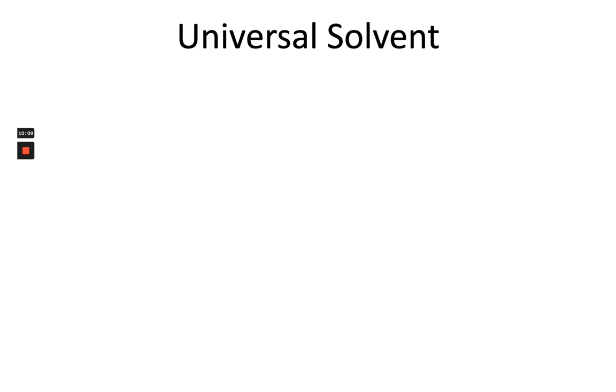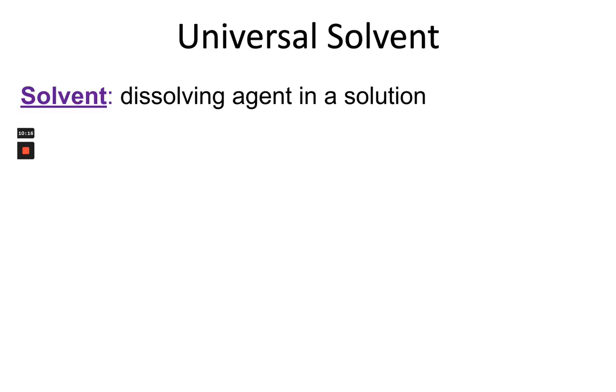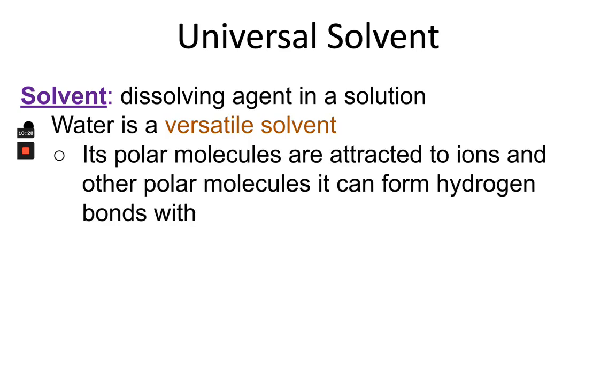The final property that we need to talk about in regards to water is the fact that it is our universal solvent. So let's do some definitions real fast to make sure we understand what we are referring to. Solvent is the dissolving agent in a solution. Water is a versatile solvent because it's polar, and so other polar molecules or ions as well are attracted to water, and we form those hydrogen bonds with those particular substances.